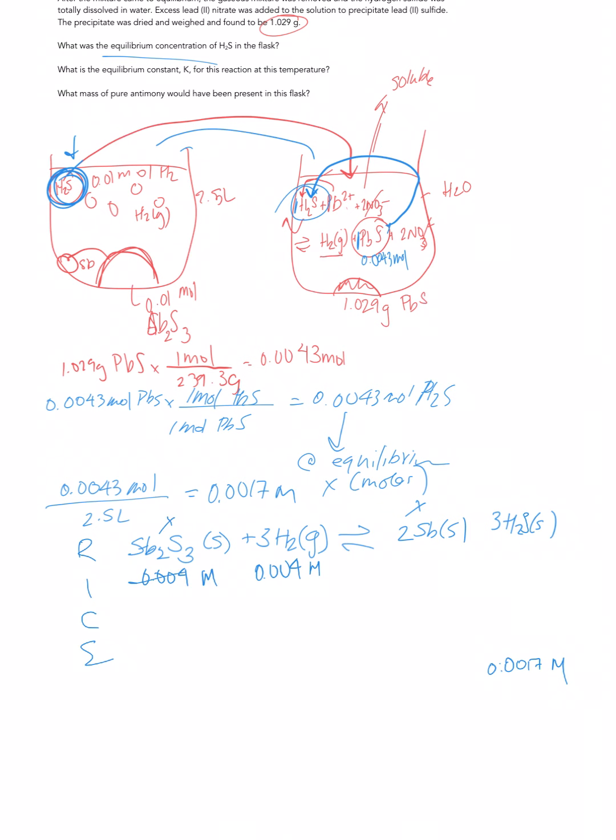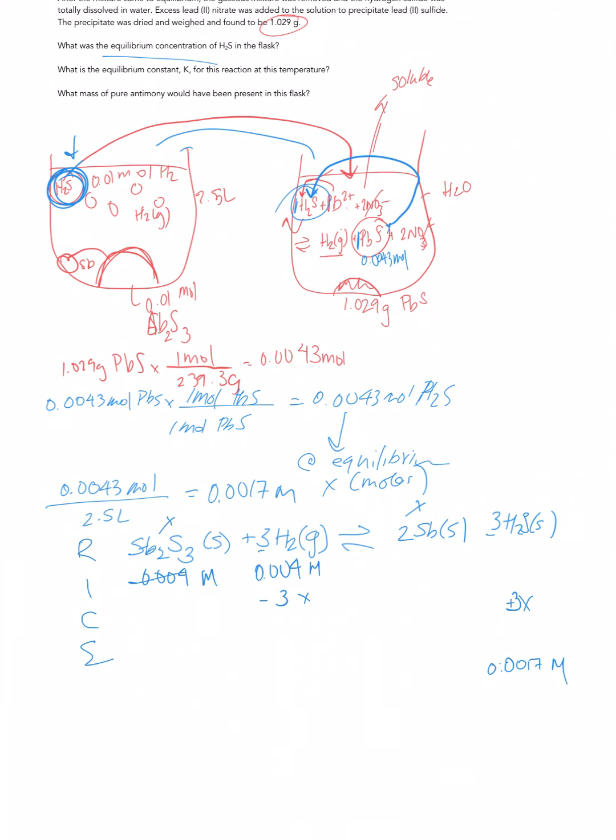Again, we're going to ignore Sb2S3 because it's a solid. So we know that we're going to have some amount x that we add to H2S to get to our equilibrium. Since we have a 3 here, it's going to be plus 3x. And over here on the left-hand side, it's going to be minus 3x because of the 3.